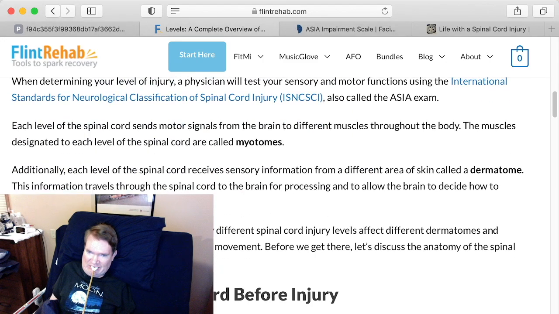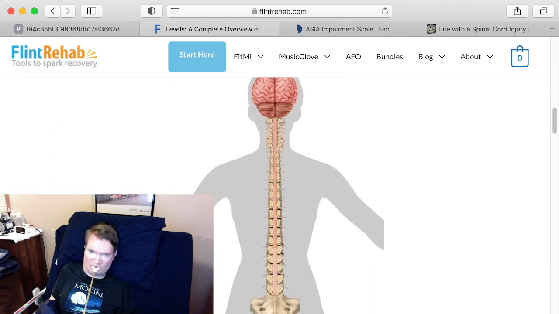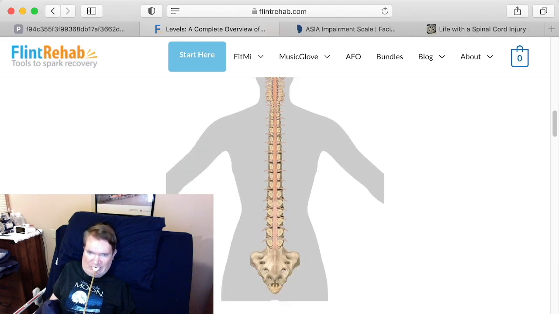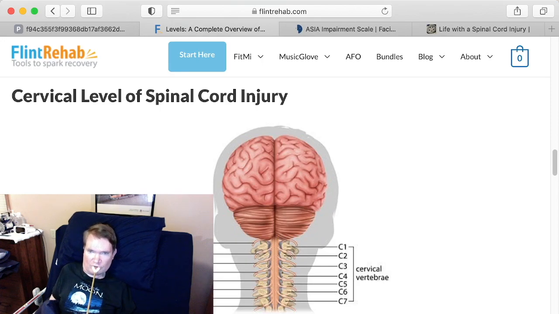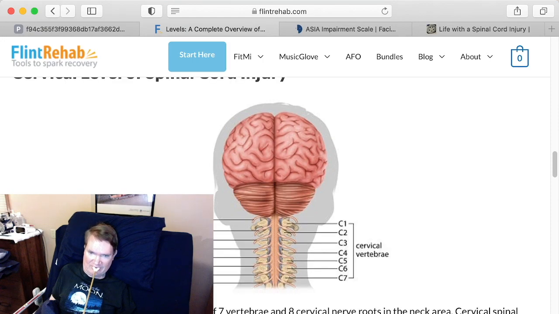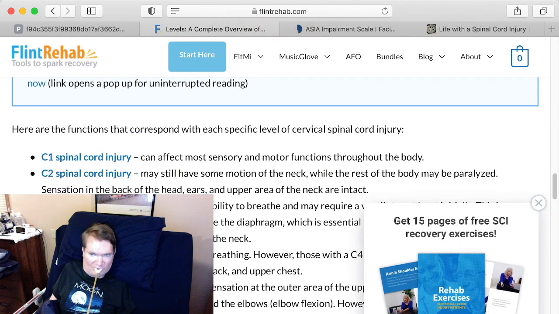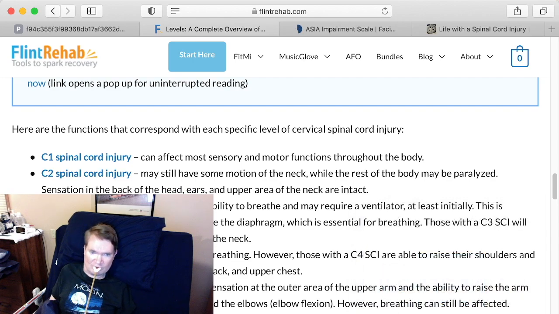So, again, this is what the spinal cord looks like, going from top to bottom. It's composed of 33 different vertebrae. And going down, we see here our cervical level, C1 through 7. And then it gets more detailed explanations. And you even get a whole 15-page book if you want. But I won't look at that for now.